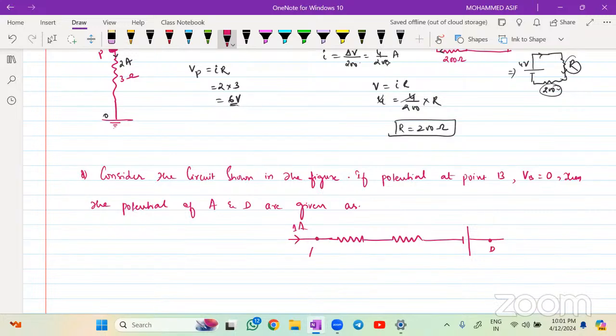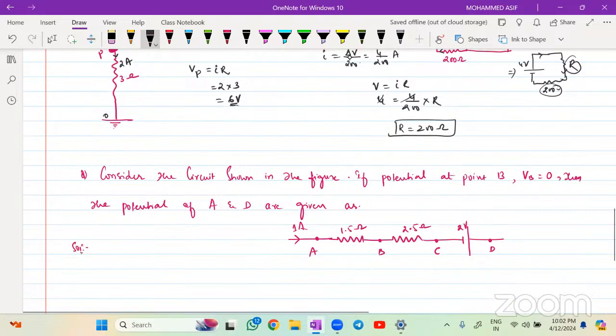And this is terminal A, this is terminal B, this is terminal C. Resistance of this one is 1.5 ohm, and resistance of this one is 2.5 ohm. The potential of this one is 2 volt. Okay, tell me what will be the answer. Considering the circuit shown in the figure, the potential at point B, I'm taking it as 0.